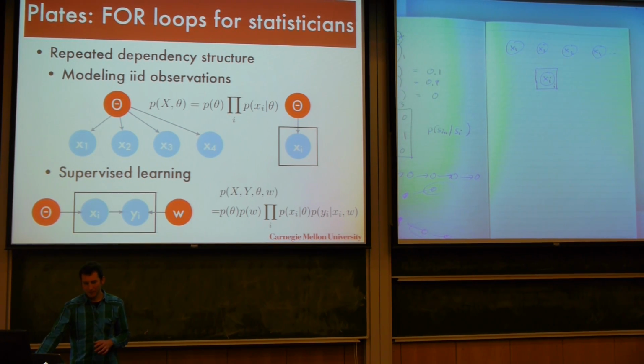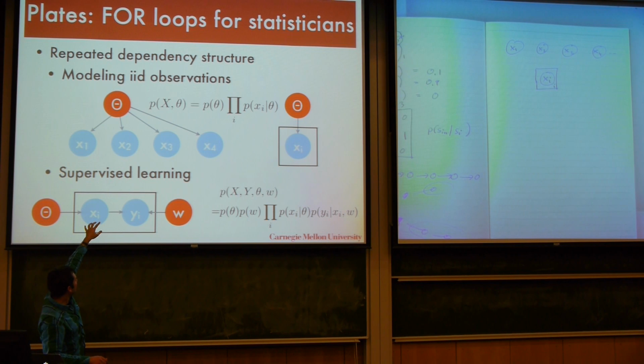Now, if we have IID observations, quite often they depend on some parameter, let's say, mean and the covariance. In that case, this is theta. So I can write P of x and theta as P of theta times the product over all the P of xi given theta. The left-hand side is the standard directed graphical model that you will get.